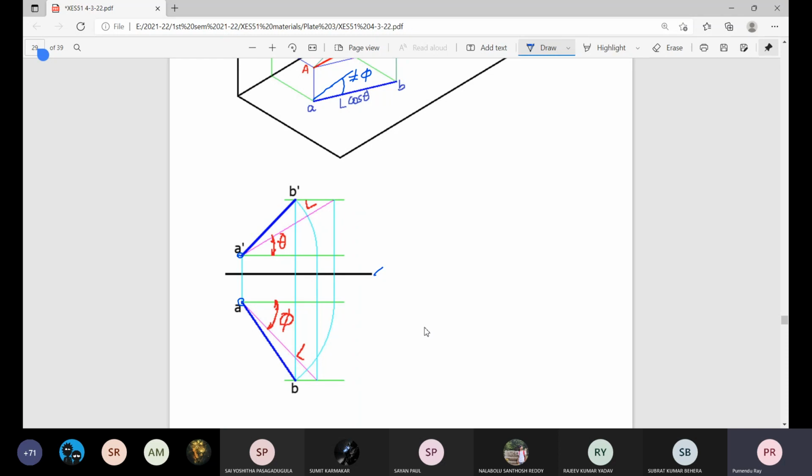So identify plan and elevation of the end A. Then at an angle theta with true length L, draw a line. Once this line is drawn, drop a vertical projector. So all these lengths will be L cos theta, etc.